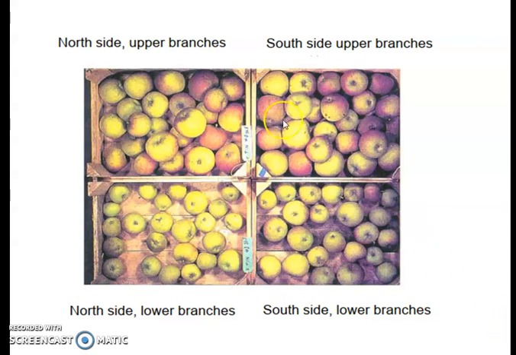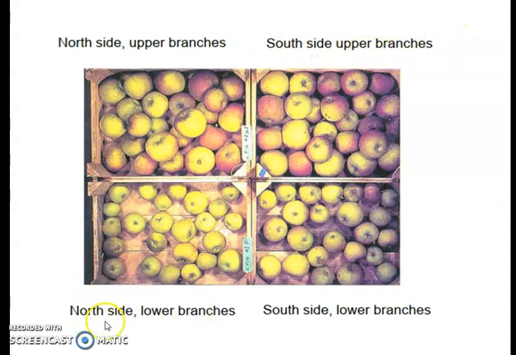This diagram shows apples that have been collected from the same tree. These apples are from the north side upper branches, and these apples are from the south side upper branches.